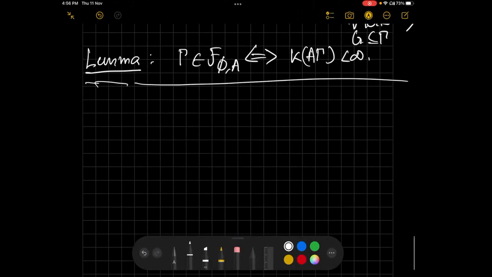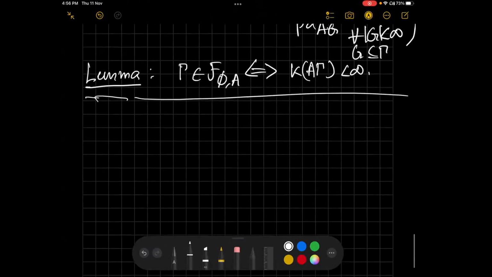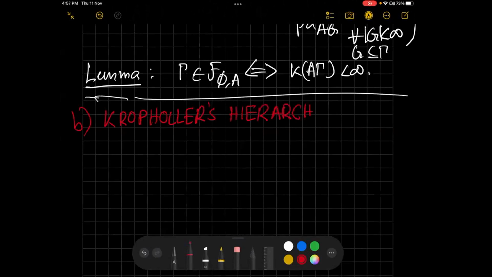I've already defined the class of type phi groups over A. Now I need to define a second class of groups, which are called Kropholler's hierarchy. There might be some people in the audience who have seen me give talks on properties of derived categories of complexes of modules over groups in Kropholler's hierarchy. So I have done a lot of work on Kropholler's hierarchy. So how is this hierarchy defined?